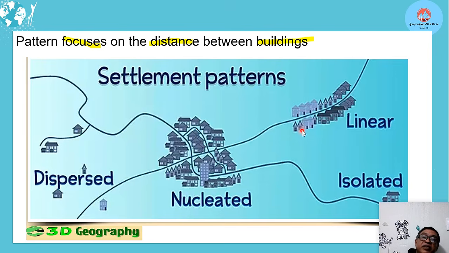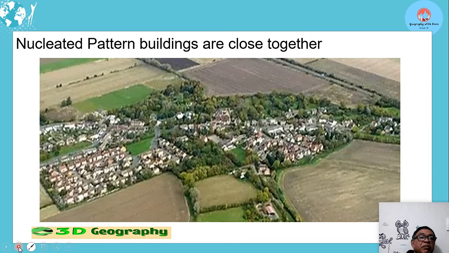This, on the other hand, I'm just showing you here: the buildings are situated along this road. That would be your shape and not your pattern. So we're looking at building densities in terms of far apart, dispersed, or isolated, when you've got one farmstead and nothing around it, or nucleated. That is your settlement patterns.